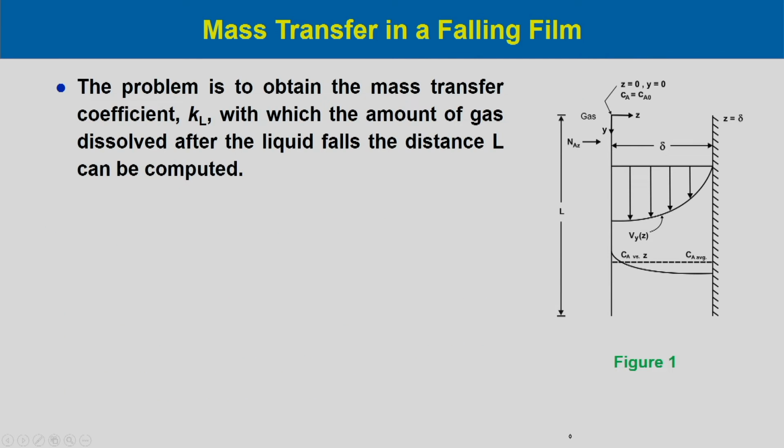The problem is to obtain the mass transfer coefficient, that is kL in the liquid phase, with which the amount of gas is dissolved after the liquid falls a certain distance L. Suppose the liquid falls from this location at Z equal to 0 and Y equal to 0, and it goes down the length L. So, that needs to be calculated.